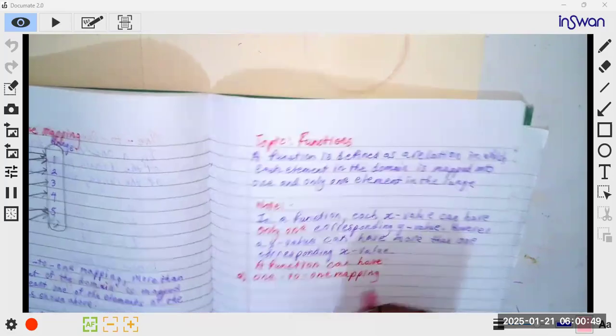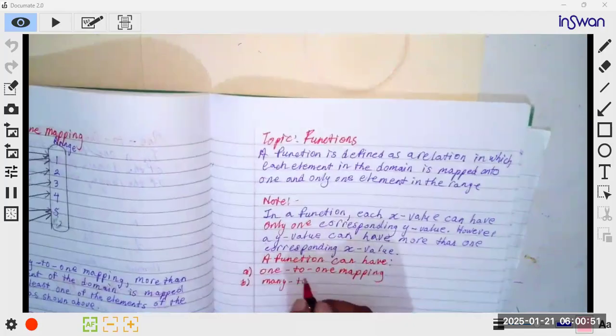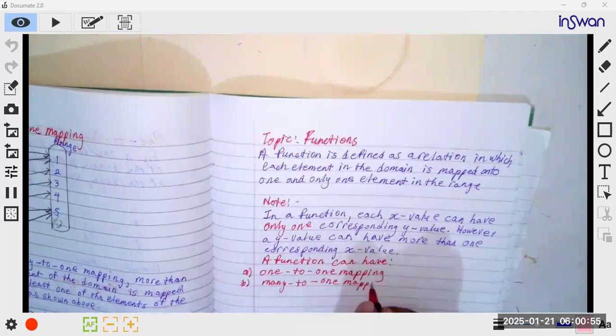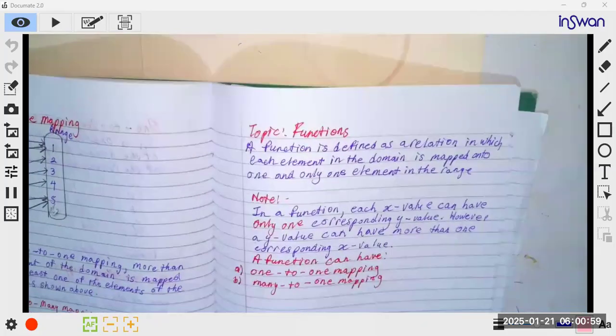So this is what they have in the multiple choice. They ask you to determine what is a function. Majority of times they like to show many-to-one, just to confuse you. Sometimes they will show a one-to-one and you all will immediately know that is a function. But most of the time they like to use many-to-one mapping for you to identify that it is a function.